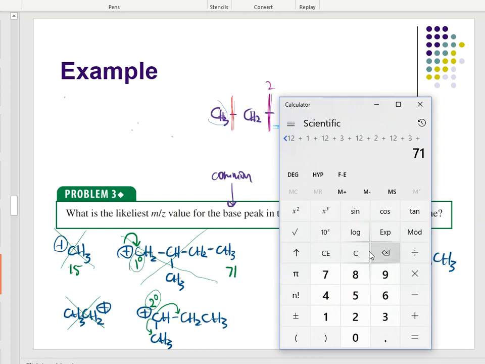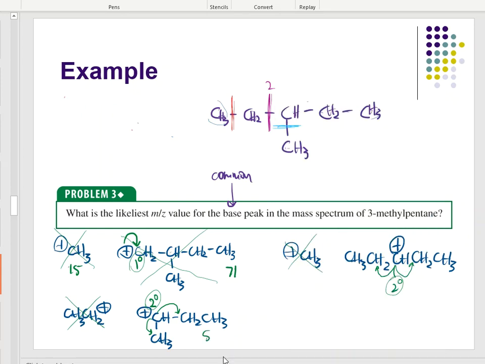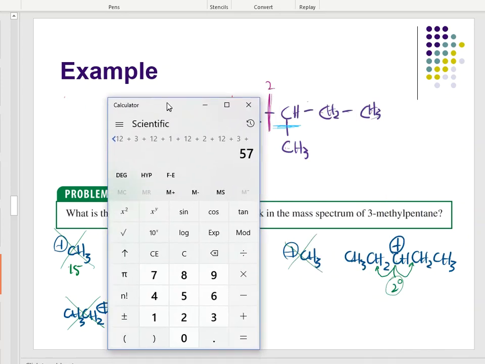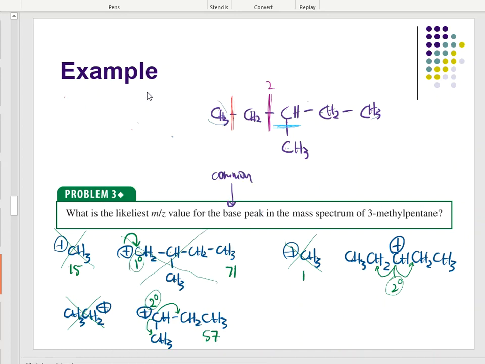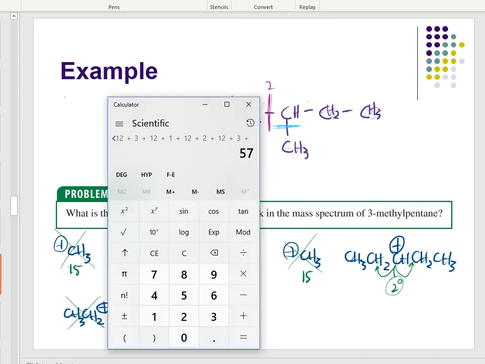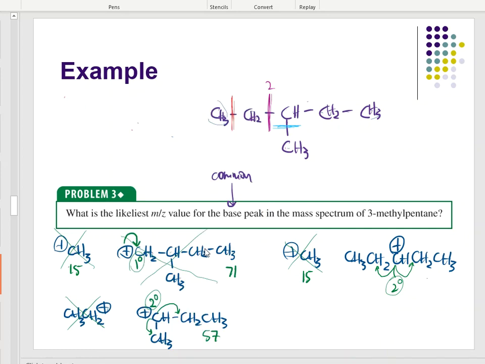Do the same thing down here at the bottom. 12 and 3, 12 and 1, 12 and 2, 12 and 3. This gives me a 57. And then finally over here to this side, this CH3, again, is going to be a 15. We've already done that one. And then I'm going to do that other piece. 12 and 3, 12 and 2, 12 and 1, 12 and 2, 12 and 3, which is a 71.